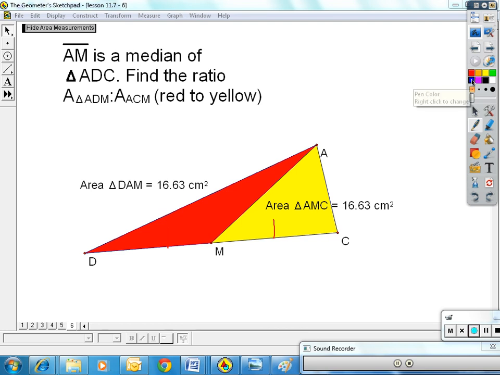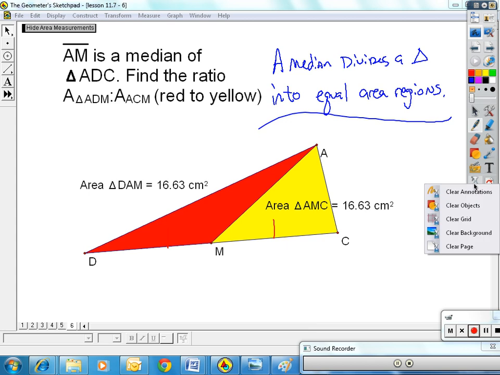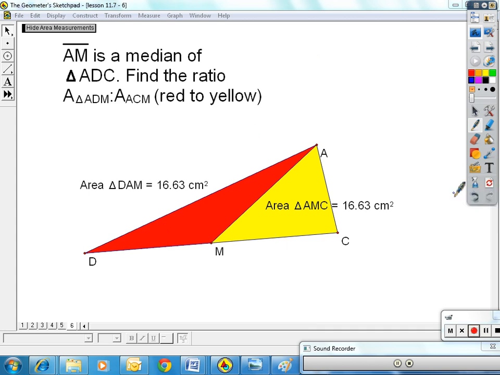So here it is: a median divides a triangle into equal area regions. Prove it for extra credit. With that we will conclude tonight. See you in the morning.